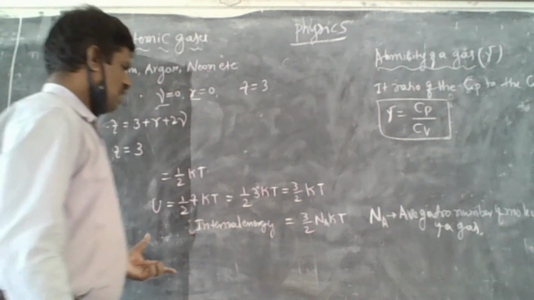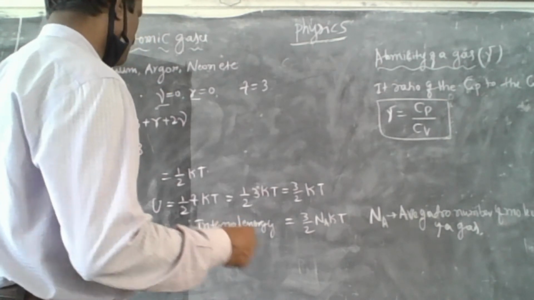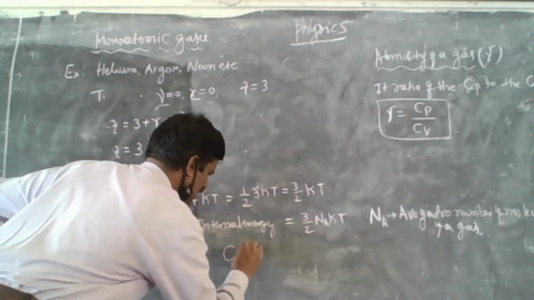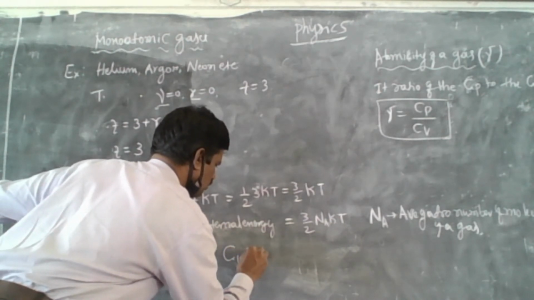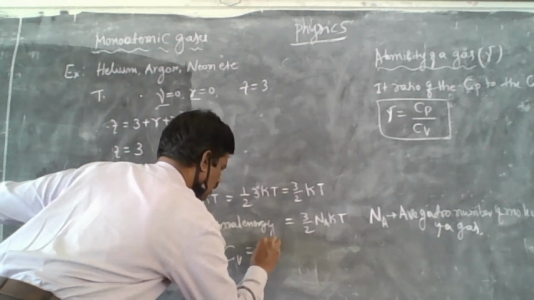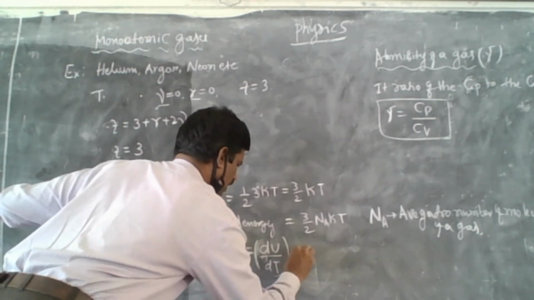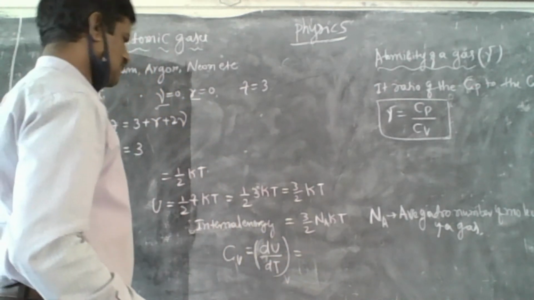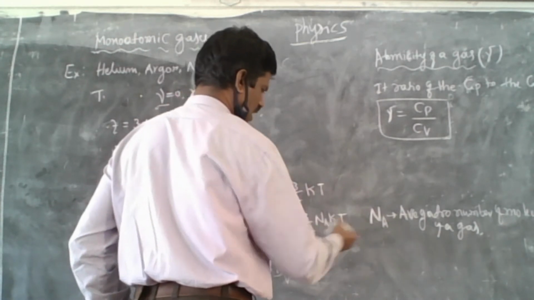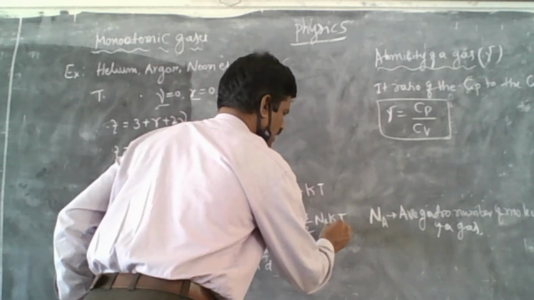Now, according to the molar specific heat of a gas at constant volume, Cv is equal to dU by dT at constant volume. Here Nk represents R. We know that already we have discussed Na into k.